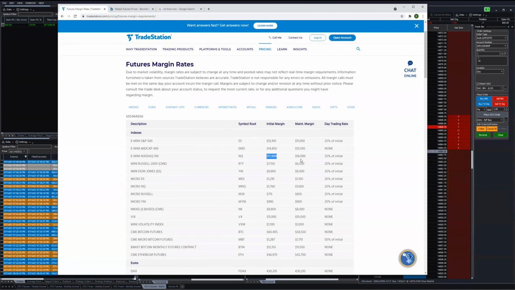Tomorrow it changes to 16,000 because you have to keep the maintenance margin. But this is explained in the course, right? Initial margin to open the position. If you keep it overnight, then you need less margin, but it's still just a little bit less.